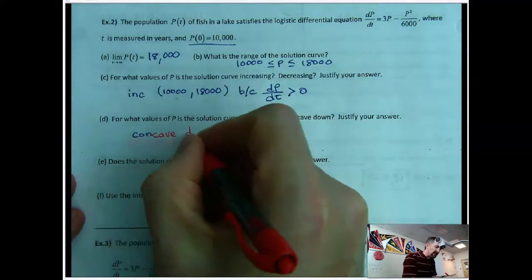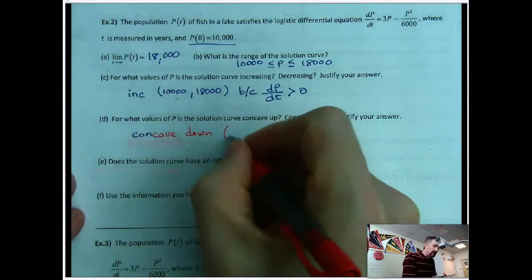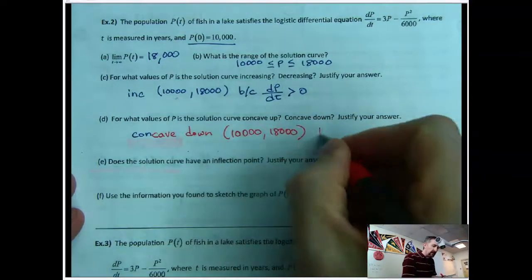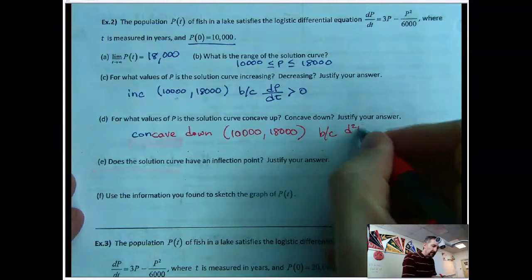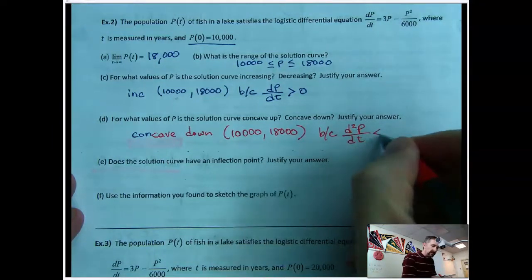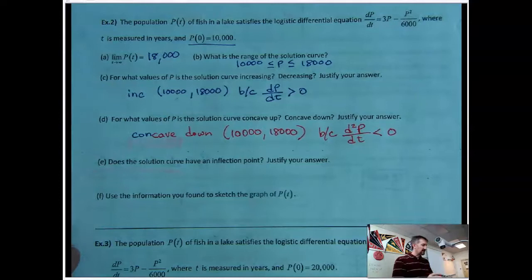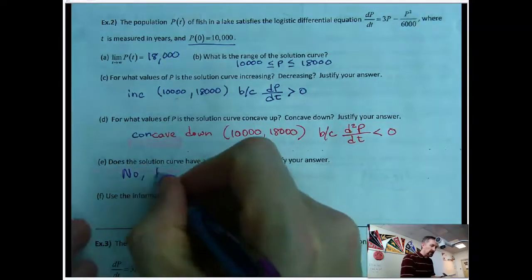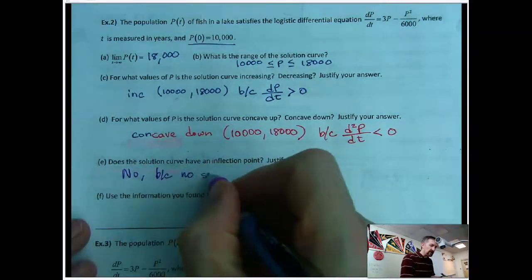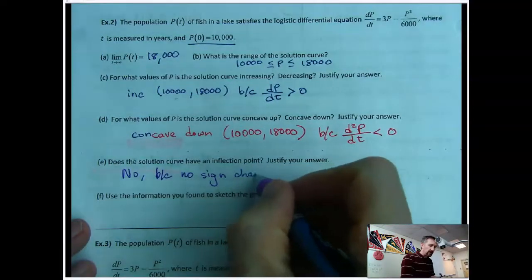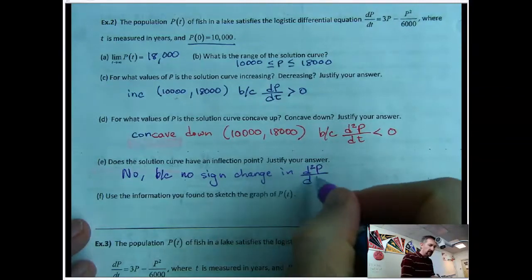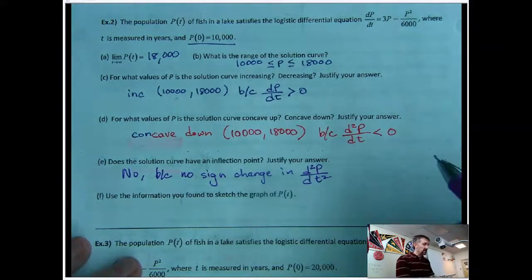So it's concave down from 10,000 to 18,000 because the second derivative was less than 0. Okay, does it have an inflection point? No, because no sign change in the second derivative on the interval.